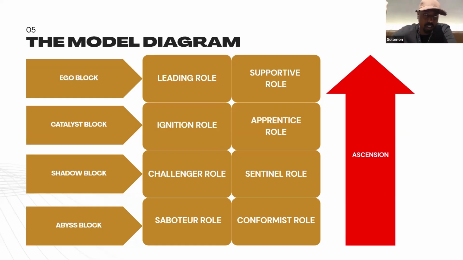These are your most valued and strongest cognitive roles. Then you got the catalyst block, which is the ignition role and the apprentice. These are weak, but they're valued. But then when you go to the shadow block, you'll notice that the challenger role and the sentinel role are strong but devalued. So the top half are the things that you value. The bottom half are the things that you don't value, and those determine your quadrants as well. It later connects to quadrants down the line.